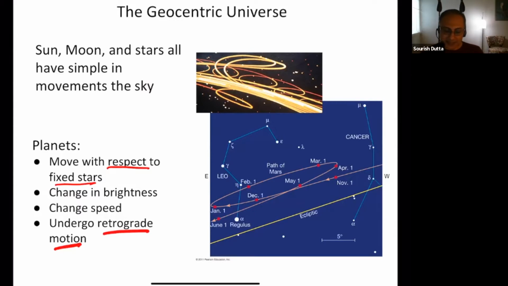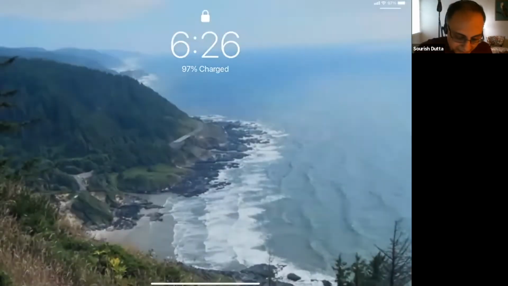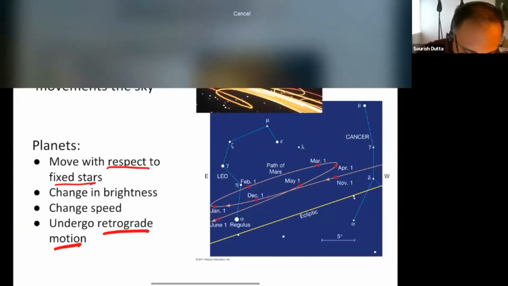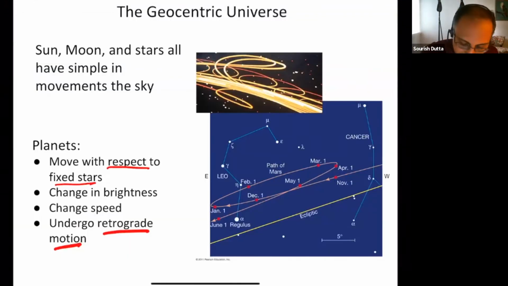And your book has this example. Suppose you are keeping track of Mars, and on the 1st of November, Mars is over here. So you're keeping track of Mars in the sky.